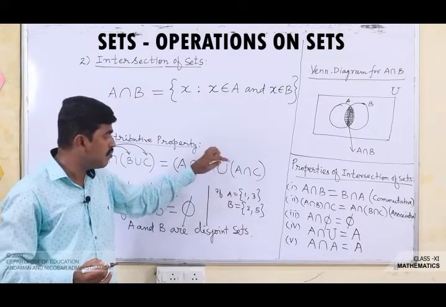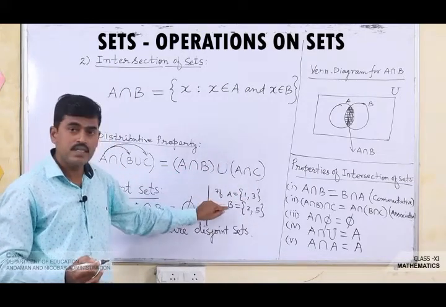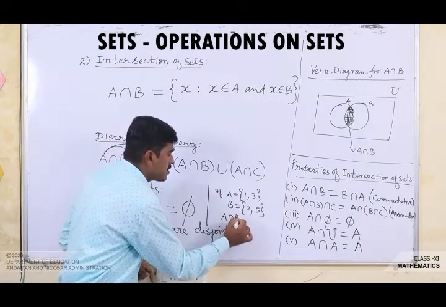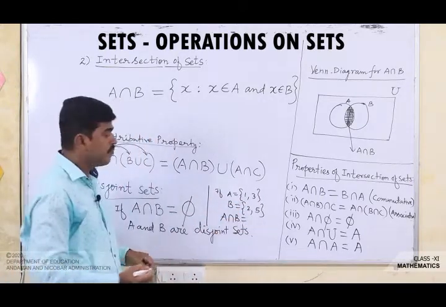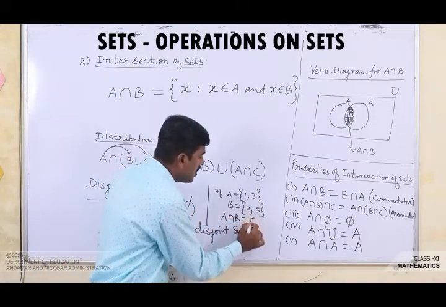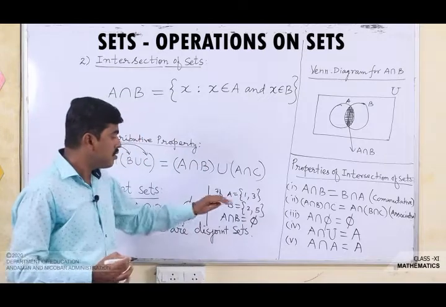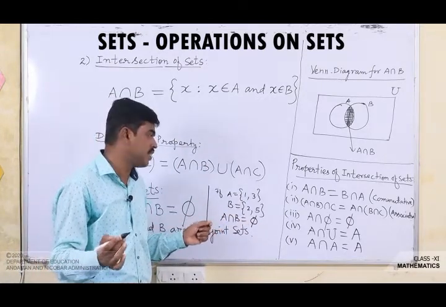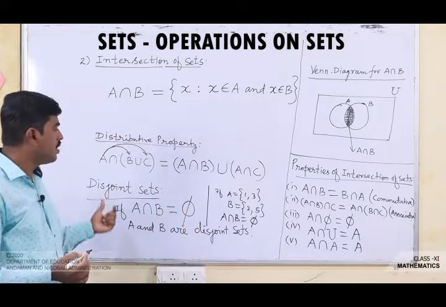A contains the elements 1, 3, B contains the elements 2, 5. So what is A intersection B? There is no common element, that means it is again going to be the empty set. So these two sets are called disjoint sets, as there is no common element.